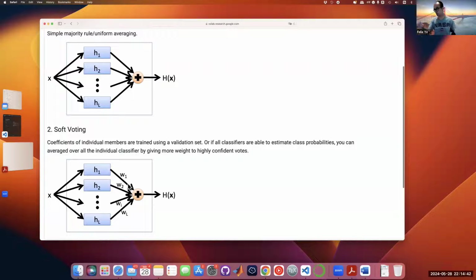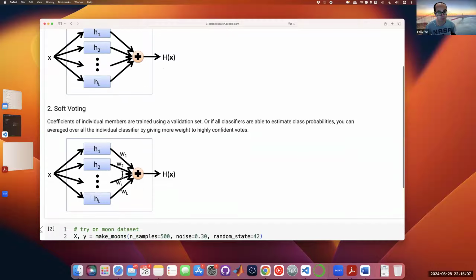This gives extra weight to those highly confident votes instead of those with only 0.55 that have less confidence. After averaging, you get the ensemble result, and then you output your predictions. This is also very important. This is simply called soft voting.